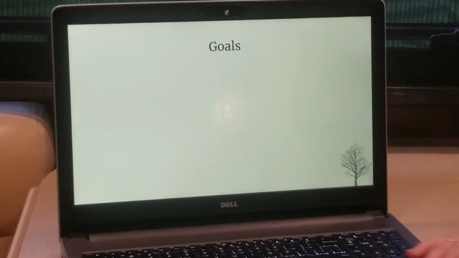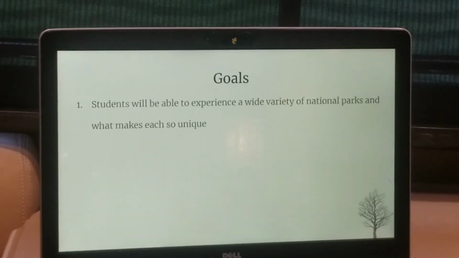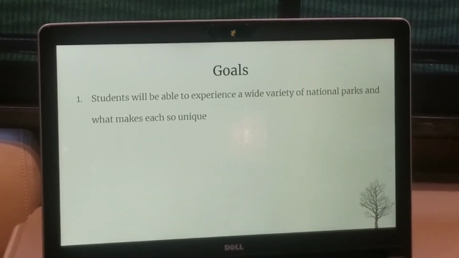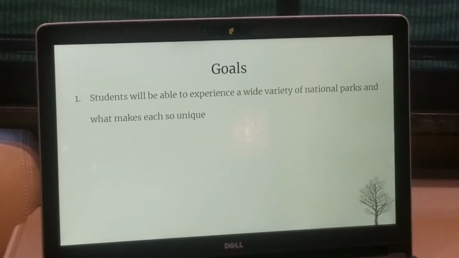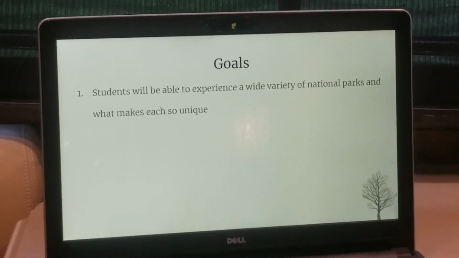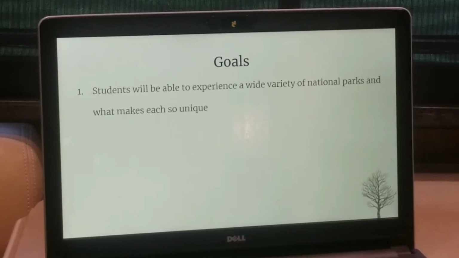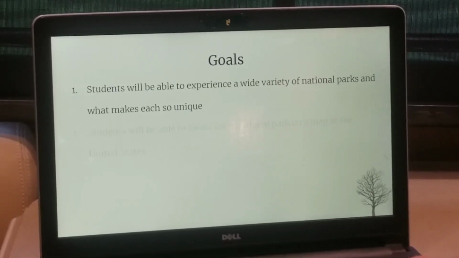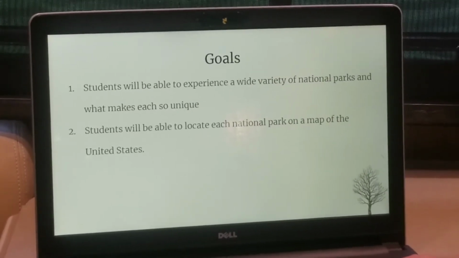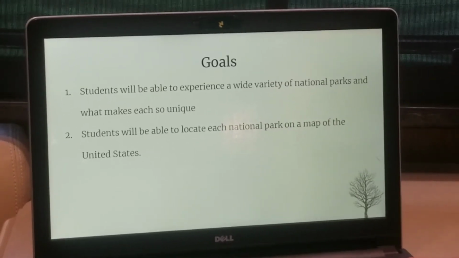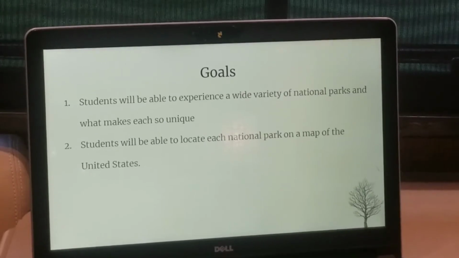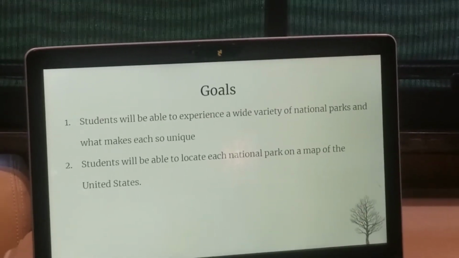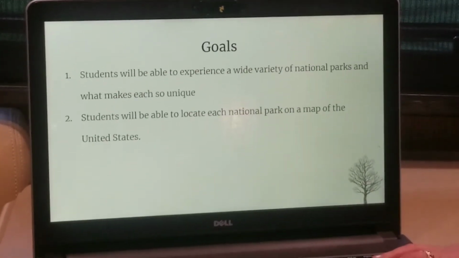My first goal is that students will be able to experience a wide variety of national parks and what makes each so unique. Each lesson focuses on what each national park has to offer and what makes it different from others. The second goal is that students will be able to locate each national park on a map of the United States, an example of which would be our class map of the road trip.